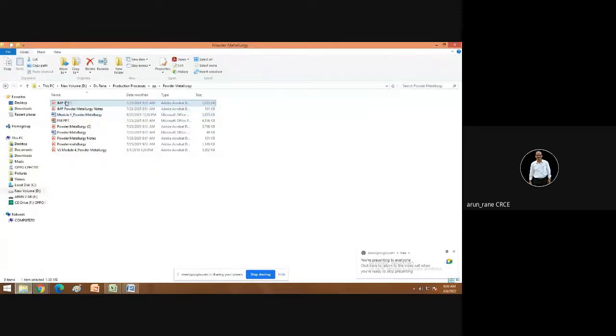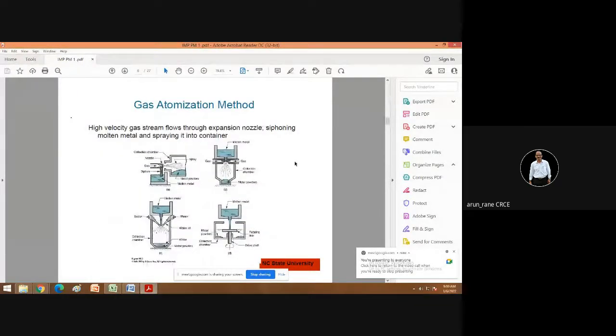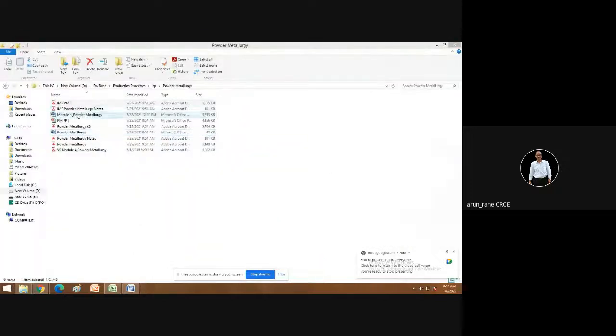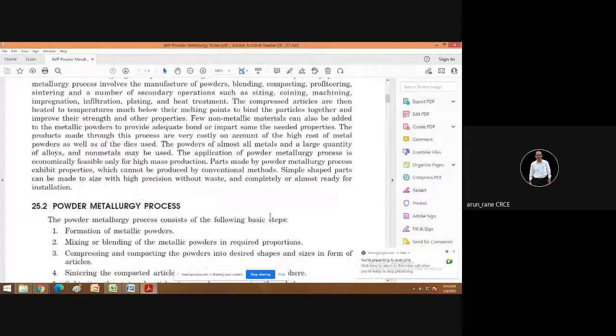So I have shared these notes, lecture number 15. I have also shared these notes. Powder metallurgy, short and sweet.